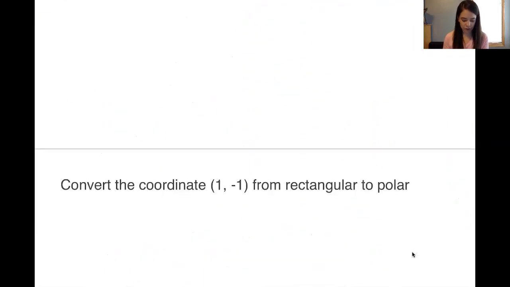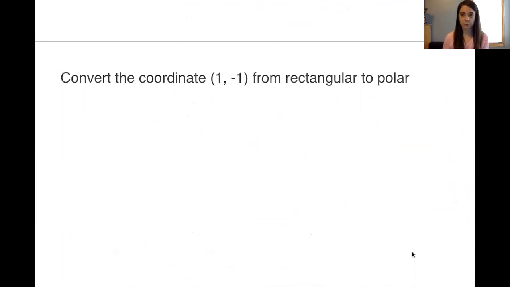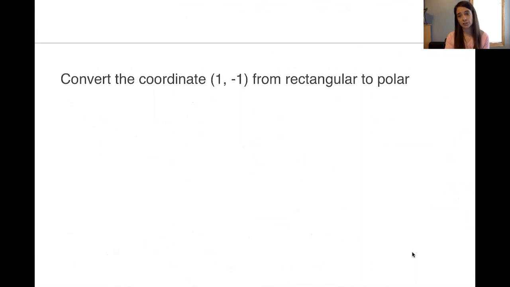So let's go ahead and try that. We are going to convert from rectangular to polar and polar to rectangular, and then that will be the end of today's lesson because we're just focusing on coordinates in this video. And then Miss Cronky's video that you'll watch next will focus on equations. So right now we're just focusing on coordinates.